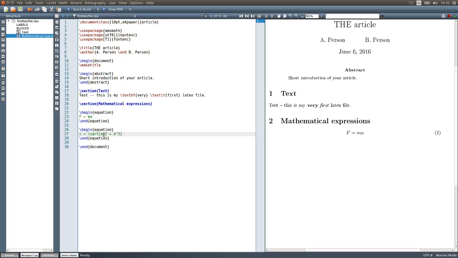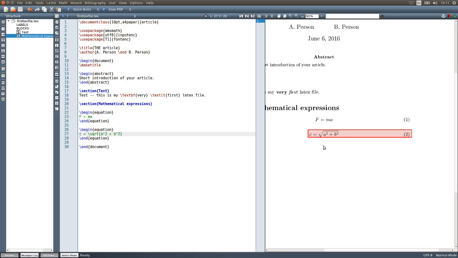This symbol stands for superscript. If we build this, there's a square root that extends throughout everything inside the curly braces, and the 2 comes as a superscript of a and of b. So we have our a square plus b square.